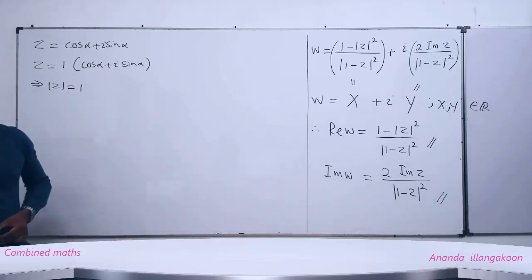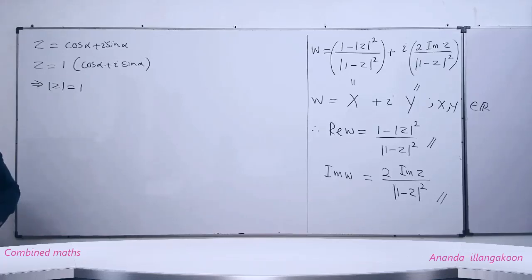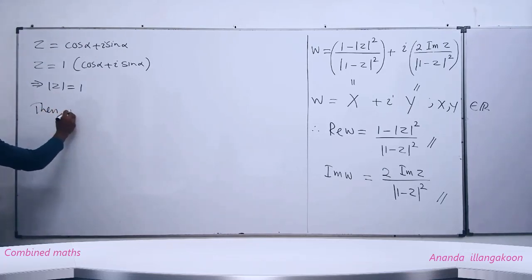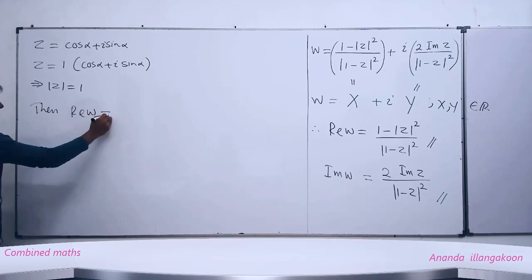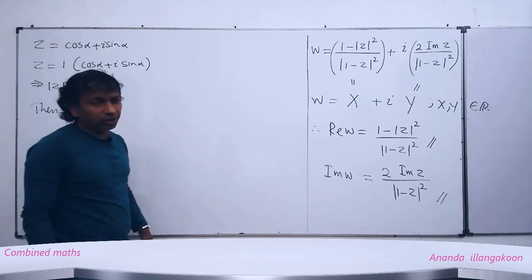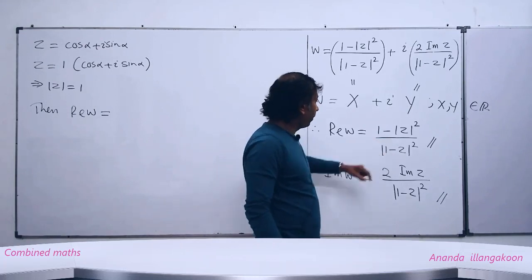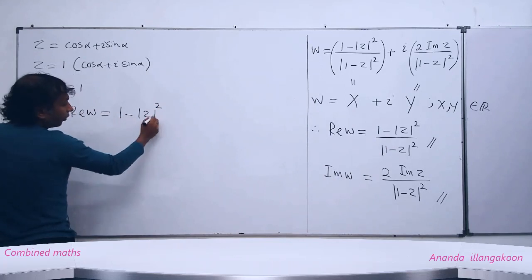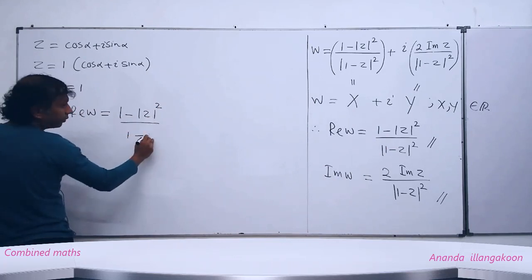Right. Now what is asked there? Alpha here between 0 and 2 pi, then omega is i cot alpha by 2. Okay. Right. Now, people, you can very clearly understand. Then the real part of W, not omega, W there, omega or W, whatever, is 1 minus mod Z squared divided by 1 minus Z mod squared.